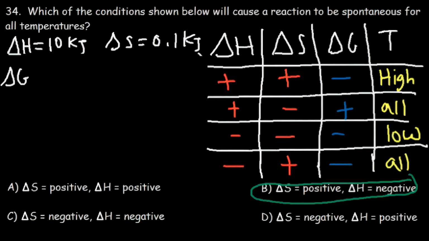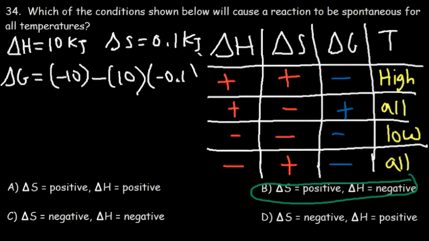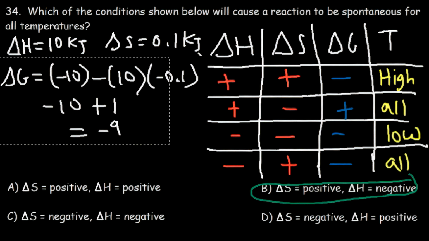So delta G is equal to delta H, which is negative 10, minus a low temperature of 10 times negative 0.1. So this is negative 10. Negative 10 times negative 0.1, that's going to be positive 1. So overall, that's negative 9. So as you can see, it's negative only at low temperature conditions and not at high temperature conditions. So now let's look at the last case.